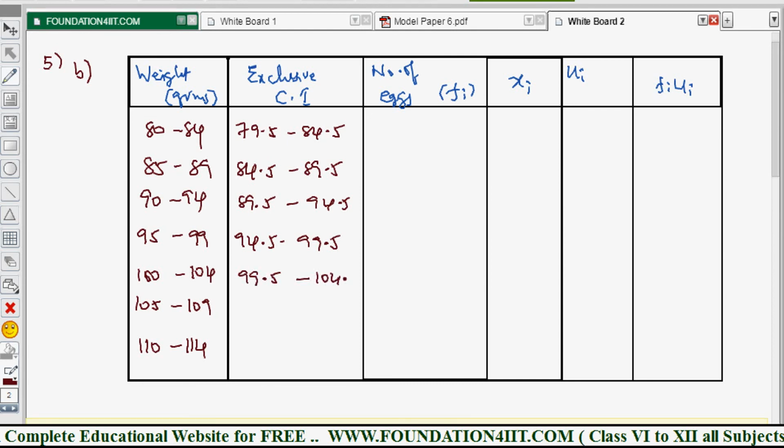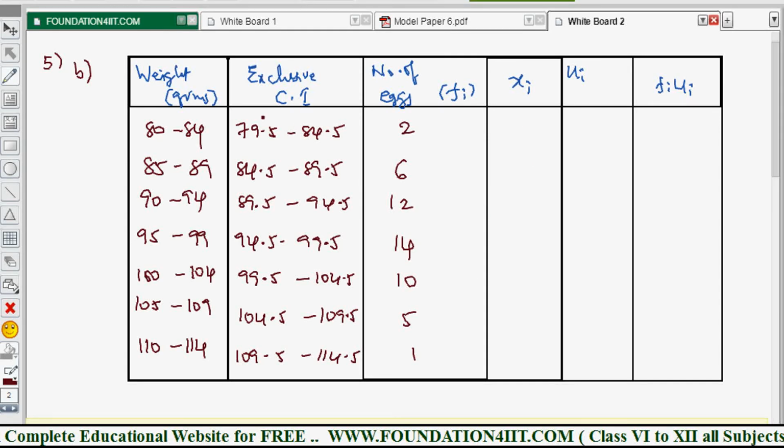This is 104.5 to 109.5 and 109.5 to 114.5. This is the exclusive case. And number of eggs given for each case is 2, 6, 12, 14, 10, 5, 1. This is the given table already.